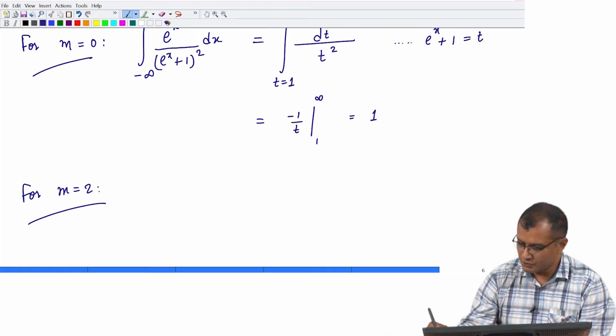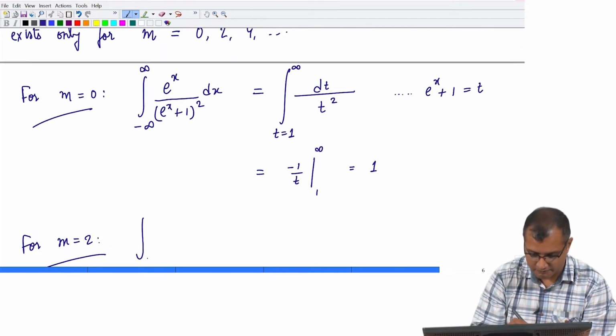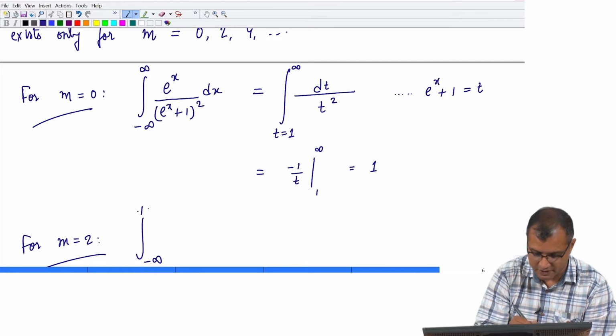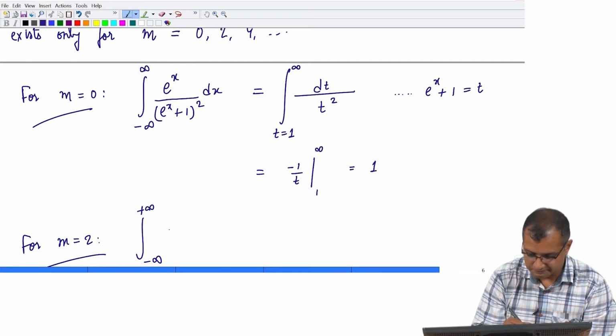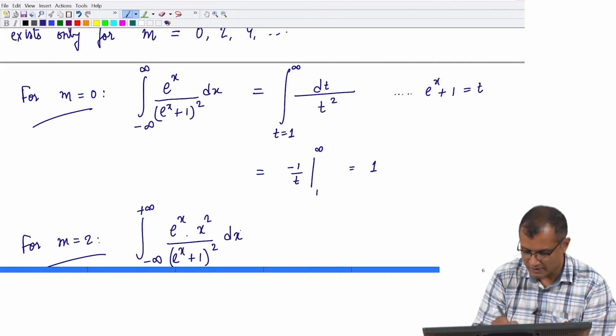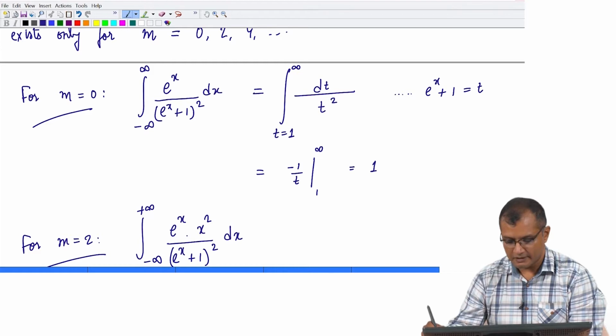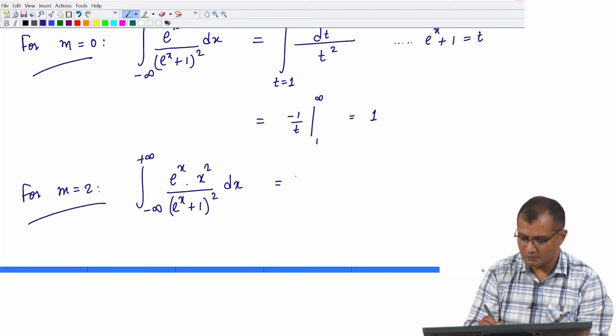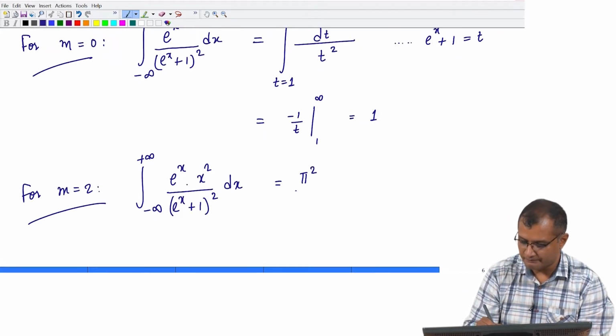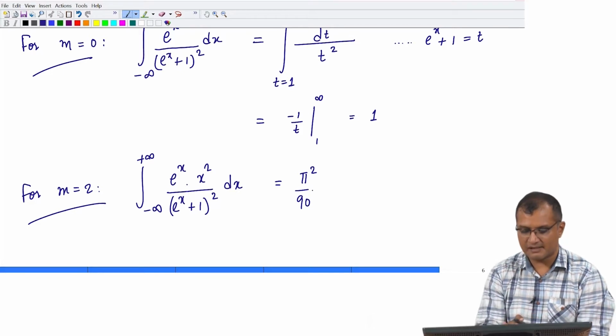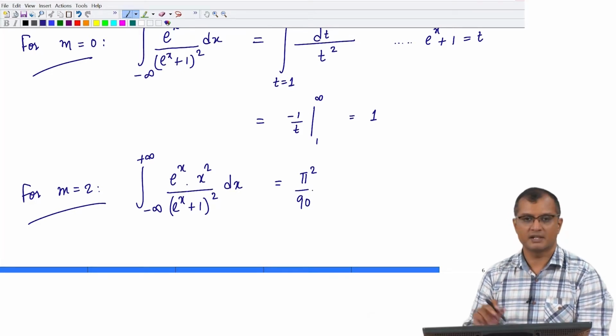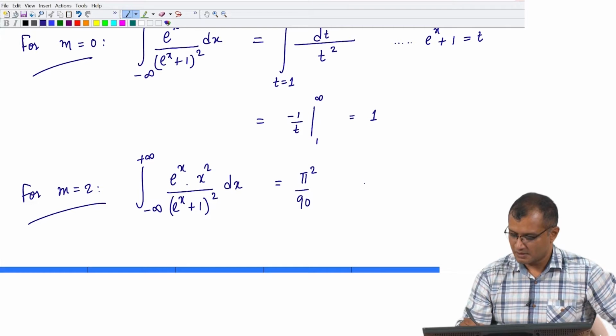So, for m equal to 2 this integral will give me the integral from minus infinity to plus infinity of e raised to x into x square upon e raised to x plus 1 the whole square dx, and this integral can be shown to be pi square by 3. I leave that as an exercise and we will do this in the separate tutorial.